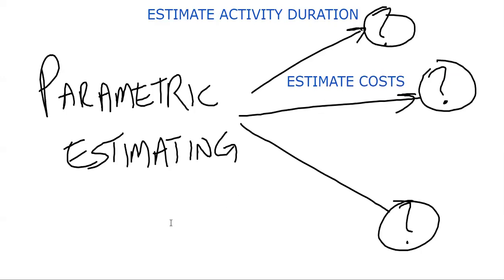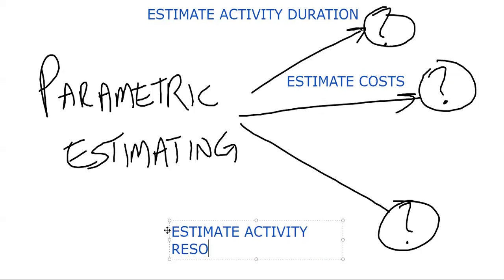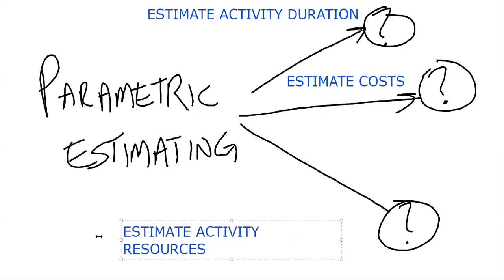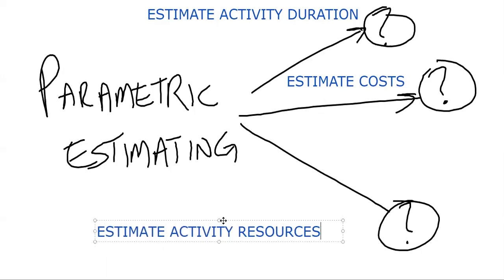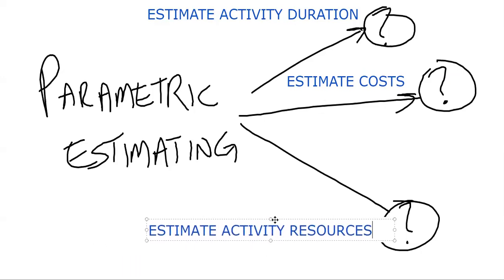And last but not least, we have estimate activity resources. Estimate activity resources, estimate costs, and estimate activity duration. All those three use parametric estimating.